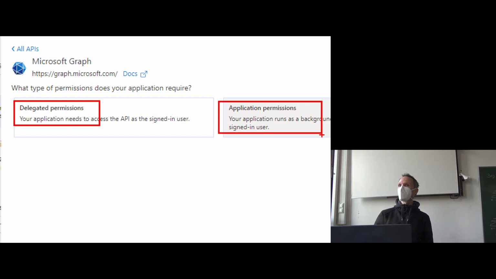It could be a Windows service running on your computer, posting something on Facebook, or, since we are here in the Microsoft universe, sending an email every 5 minutes. Nobody will sit in front of the computer. No human being will allow the application to do something. The application itself, with its own identity, should be able to do something. That would be application permission.